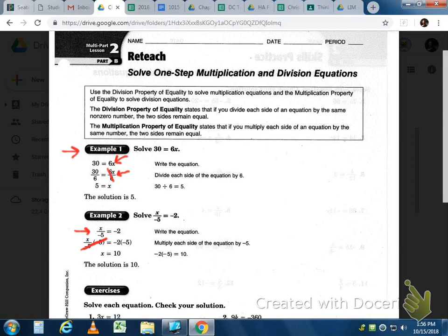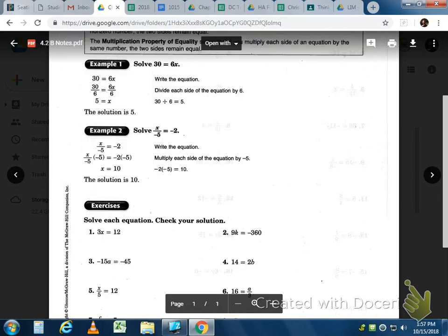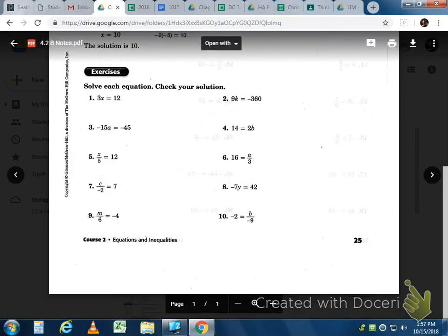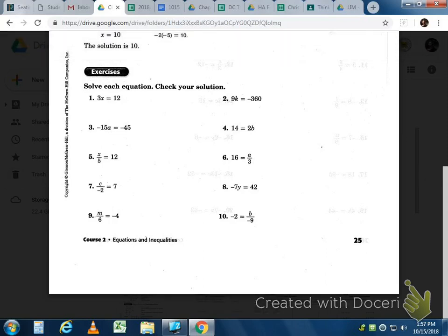And you would just then multiply this side to get your answer. So these, again, are one-step equations. You show your multiplication and division to get your result.